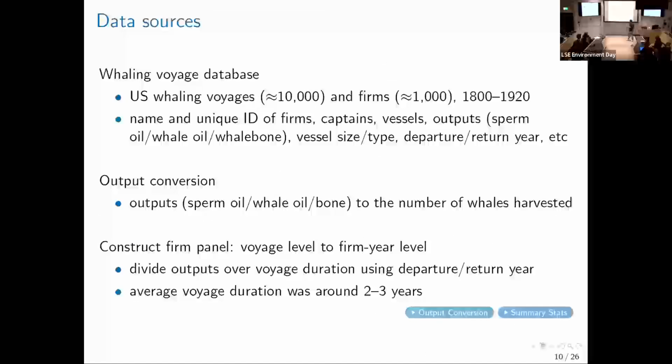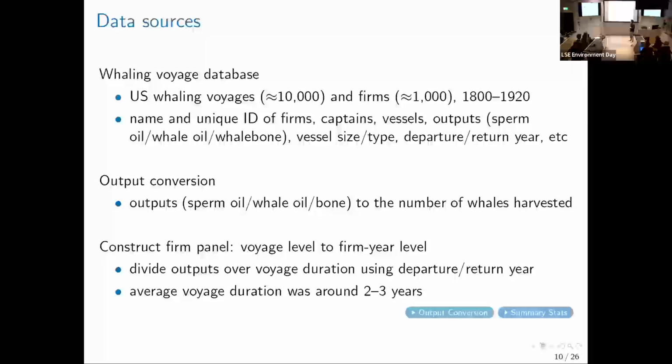The database is coming from the so-called whaling voyage database. This contains nearly 50 American whaling voyages with the information of unique IDs of firms, captains, vessels, and outputs in terms of sperm oil and whale bone, and vessel size, type, and departure and return years.